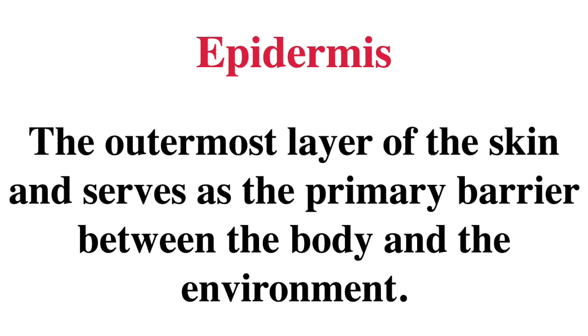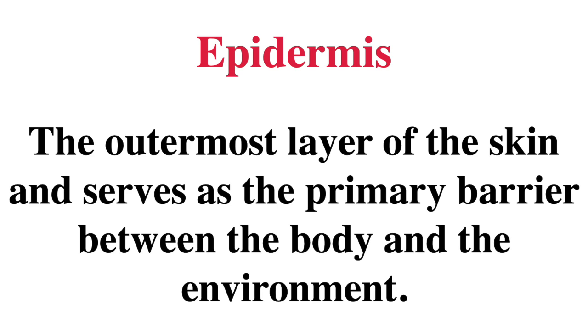First, we have the epidermis. What is the epidermis? The epidermis is the outermost layer of the skin and serves as the primary barrier between the body and the environment. Now, it is composed primarily of keratinocytes, cells that produce keratin, a protein that helps toughen and waterproof the skin.